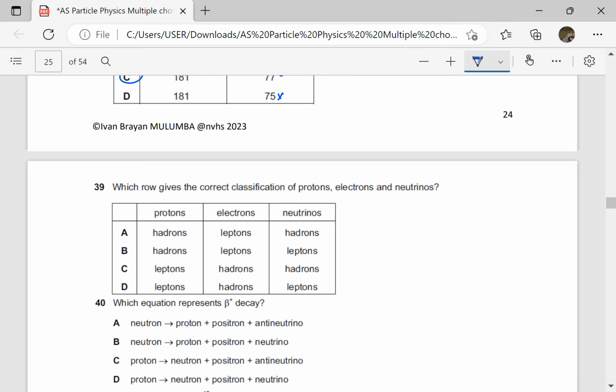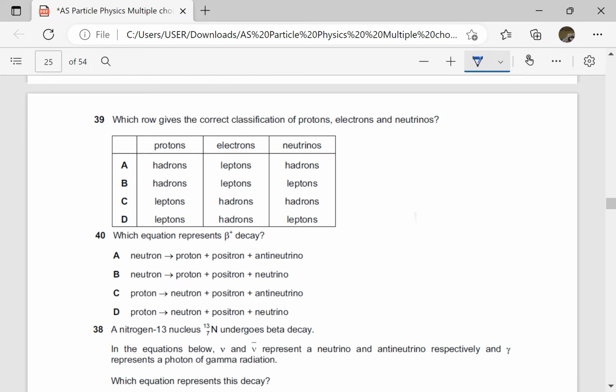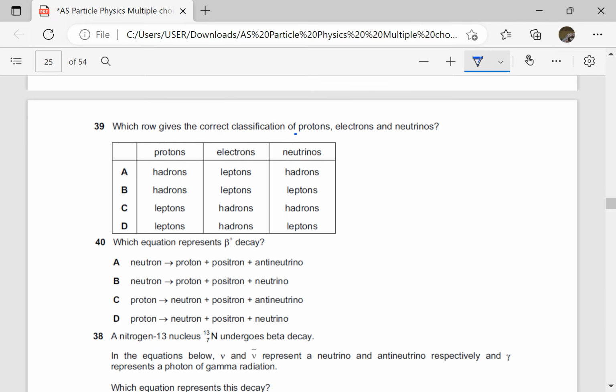Which row gives the correct classification of protons, electrons, and neutrinos? Of course, we know protons are hadrons, electrons are leptons, and neutrinos are also leptons. So let's see, protons are hadrons, so C and D are wrong.